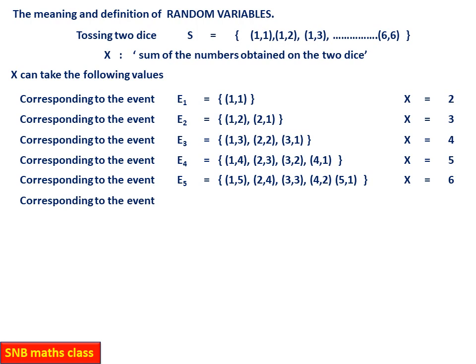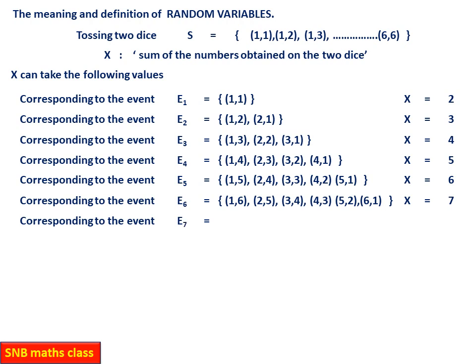Sum X equals 6. Next, E6 you can take, that is 1 6, 2 5, 3 4, 4 3, 5 2 and 6 1, and X here is 7. And then E7 you can take, that is 2 6, 3 5, 4 4, 5 3, 6 2. The X value here will be 8.